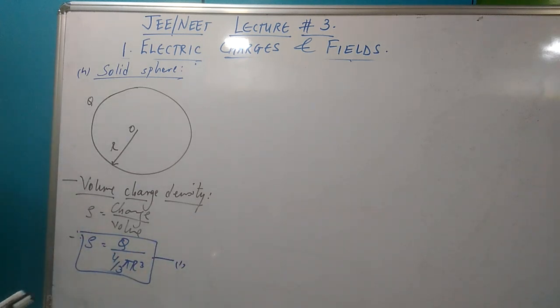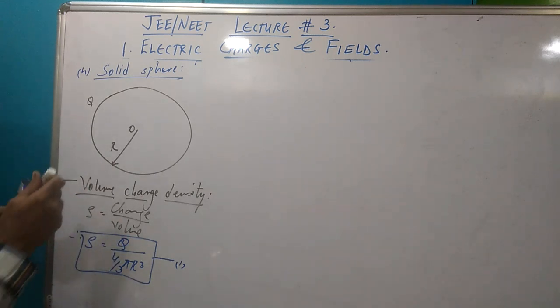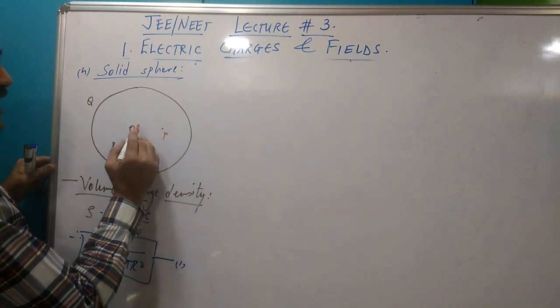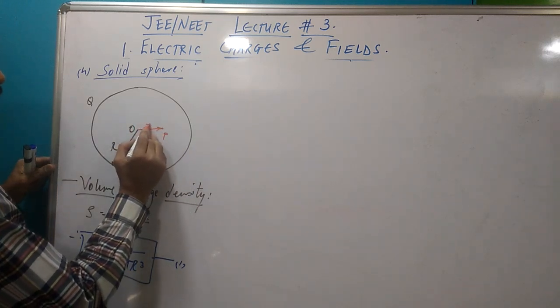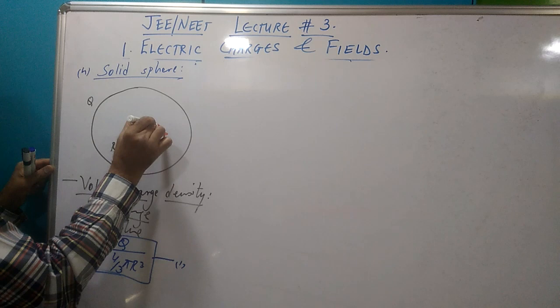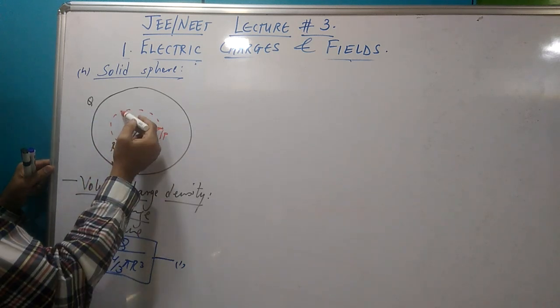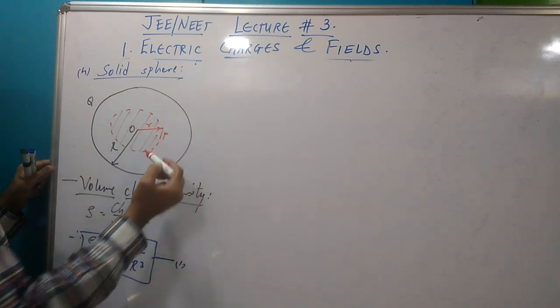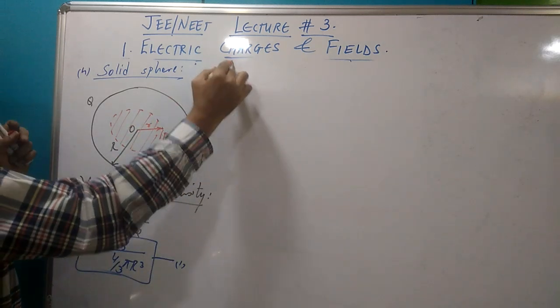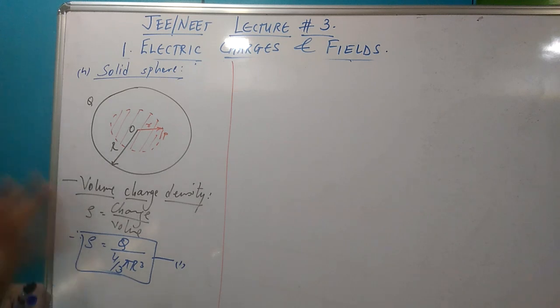And utilizing this idea, I would like to find electric field at two different points. The first is the point inside the sphere at a distance small r, and for that I'll have to draw the Gaussian surface, and I will have to take this much charge, and using Gauss's law, assuming uniform charge density.